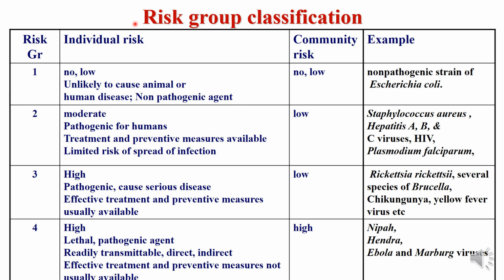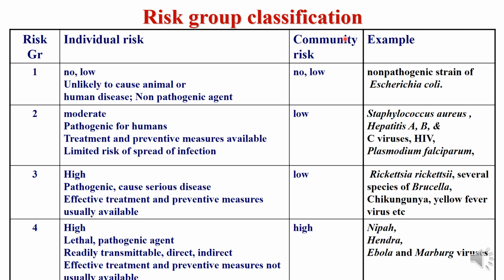So these are the different risk group classifications depending upon the organism and the individual risk and community risk that they are capable of causing.